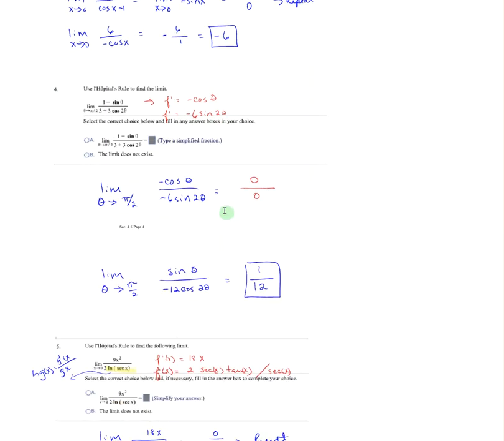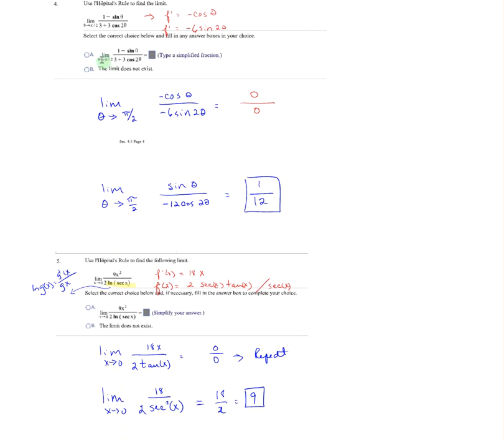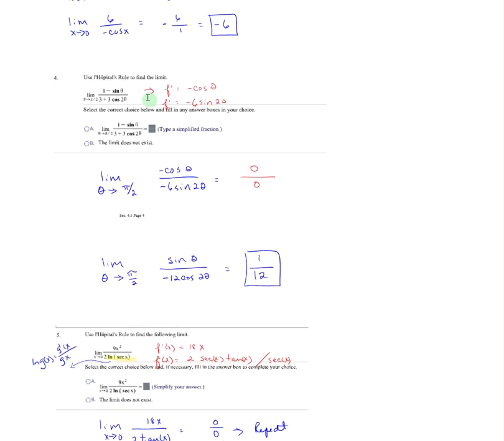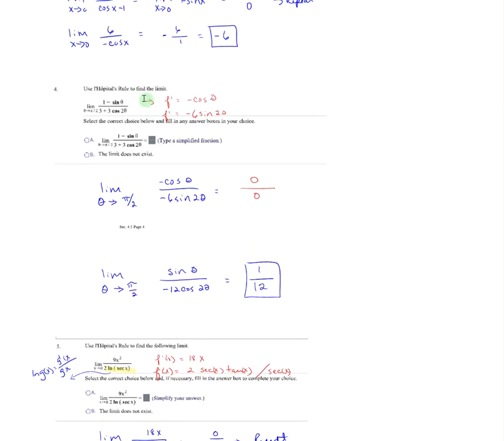The last one is number 4, and you have, as theta approaches pi over 2, let's see, the sine of pi over 2 is, well, we're worried about the bottom. Let's look here.